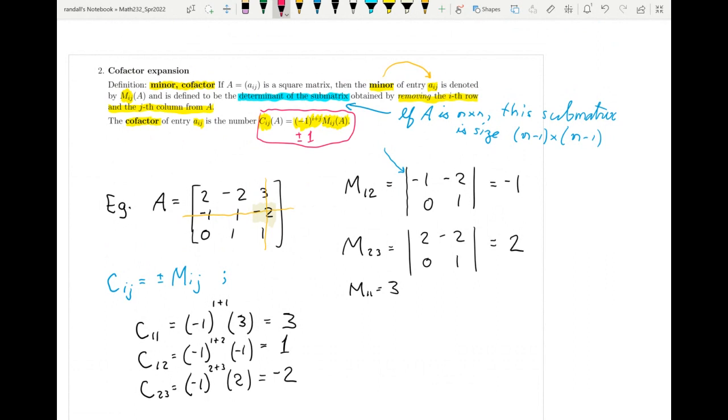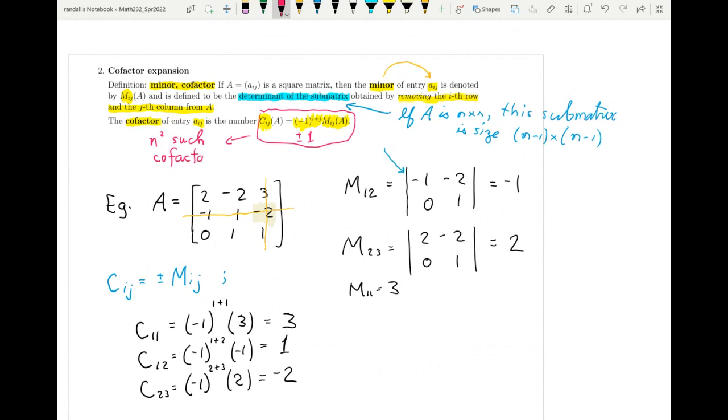Now notice, there's n, there's 2n such. Sorry, that's not right, there's n squared, right? I just want to point out there are many of these Cij's. There's one for each entry, so there are n squared such cofactors.